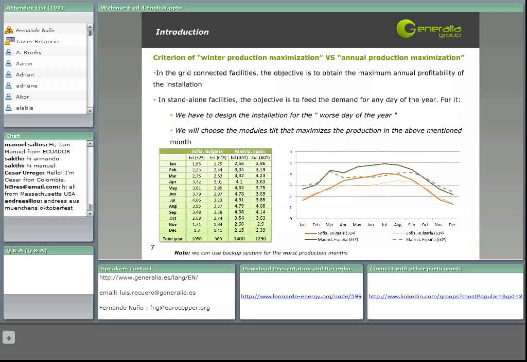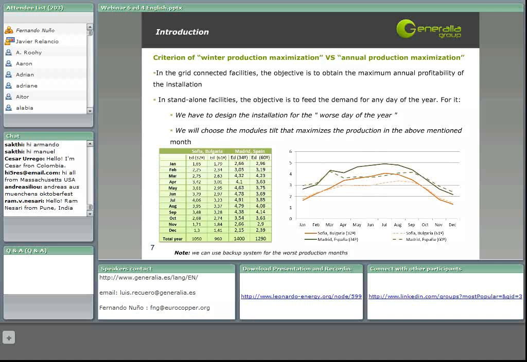So we need to produce and supply energy to our consumption by ourselves with this PV facility even in the worst period of the year. Obviously, we can help our facility with other mechanisms such as a backup system based on a diesel generator or any other kind of generators, but even if we are doing this, we have to consider the worst day of the year.